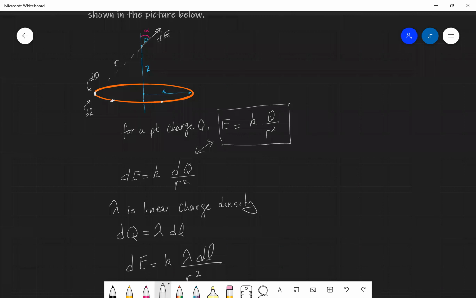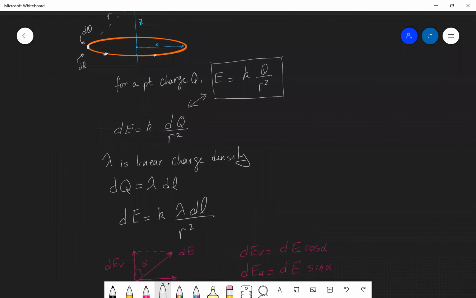So how do we add vectors? We break them up into their x and y components, in this case horizontal and vertical components, add and subtract all the verticals together, add and subtract all the horizontals together until we have one vertical and one horizontal at the end. And from that, we reconstruct the magnitude and direction of the net or total electric field. Okay, so that's what we have to do here.